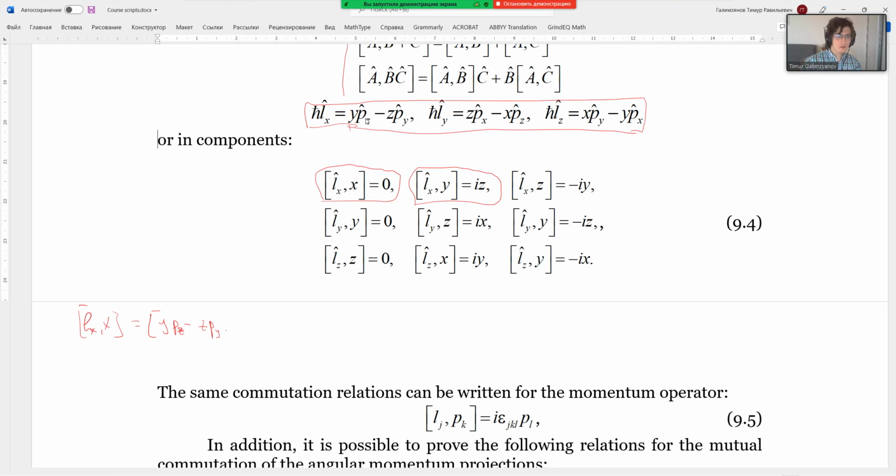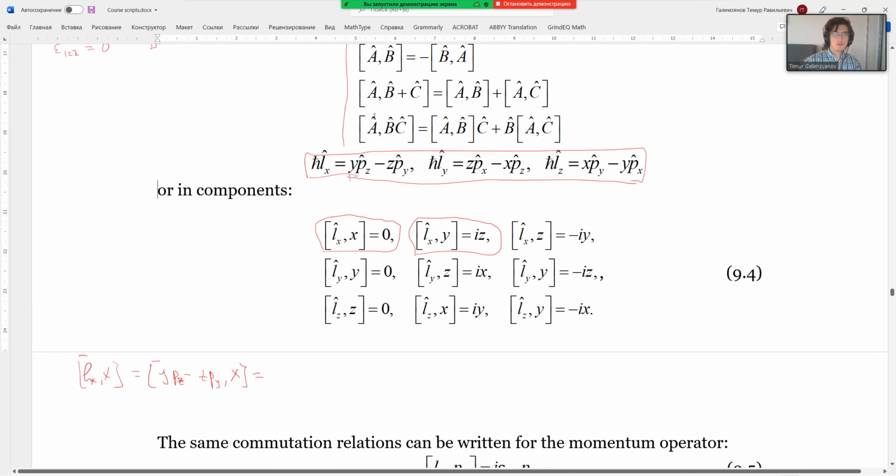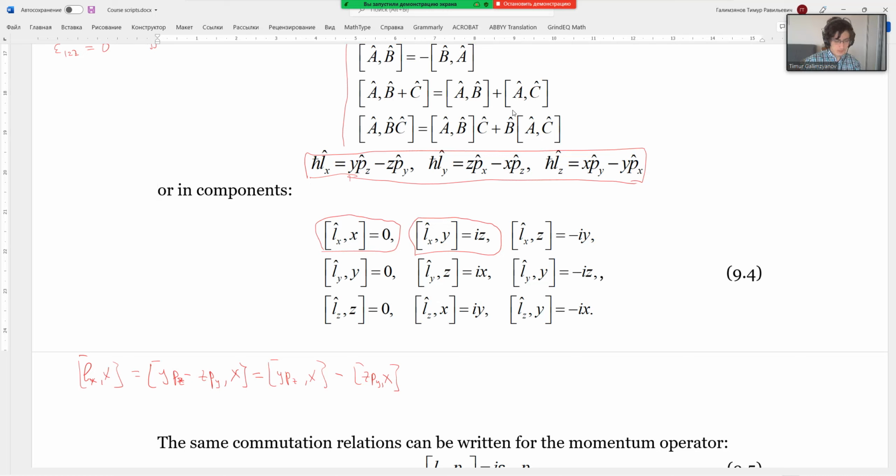And we should commute it with x using this equation. So we write down that y pz x minus z py x. Then we can use this relationship to expand this commutator.